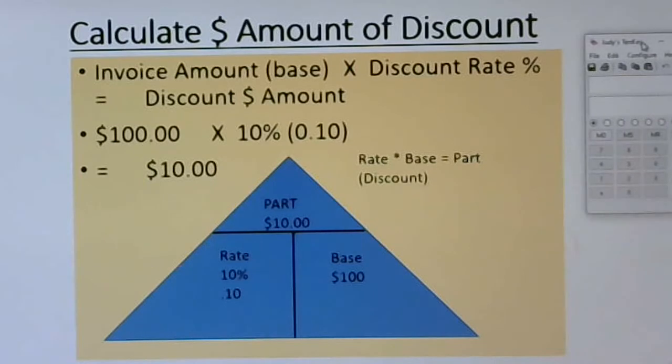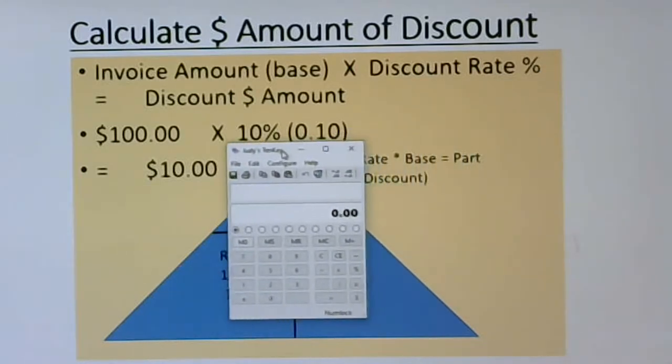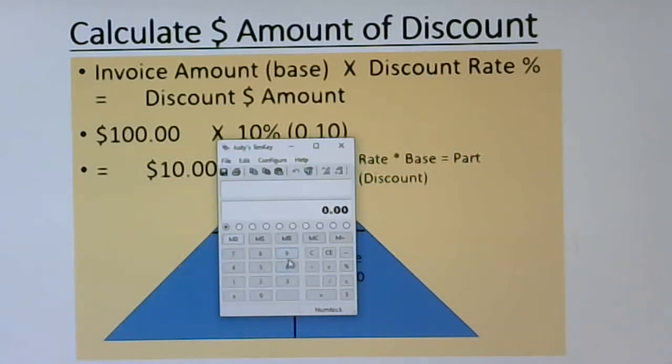So if I were to do that on the 10 key, it would be $100 times 0.1, which is $10. That's one way to do it. Once again, invoice amount times discount rate, 0.1 as a decimal, is $10.